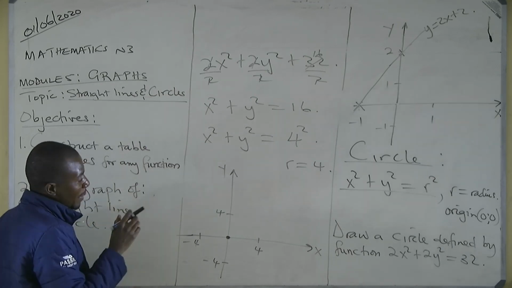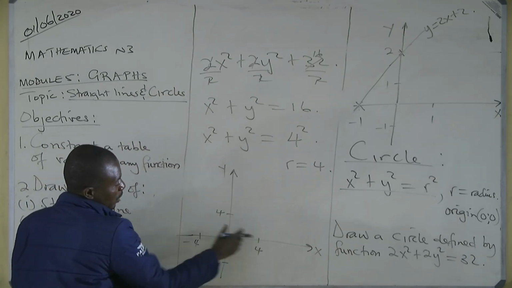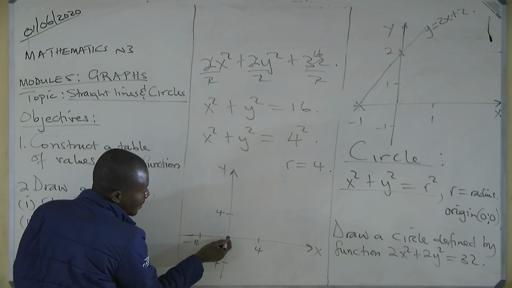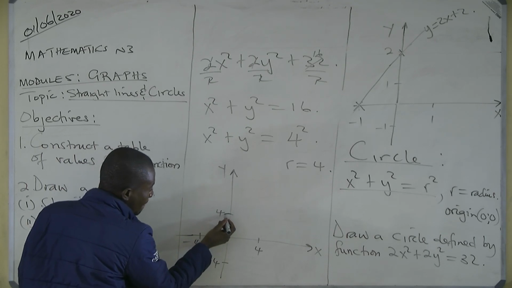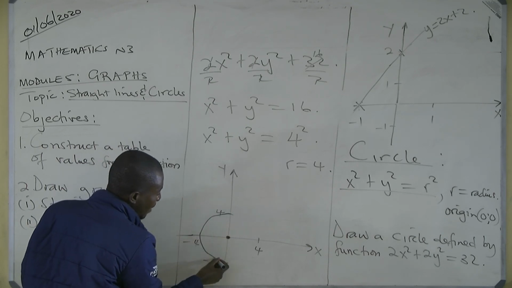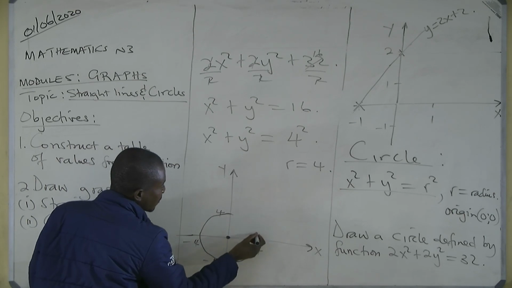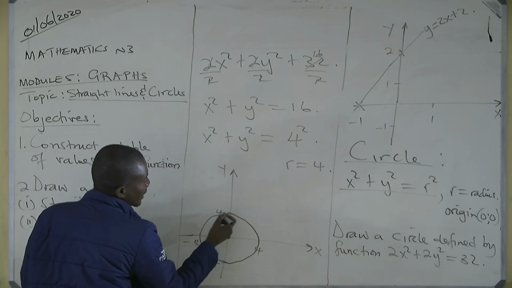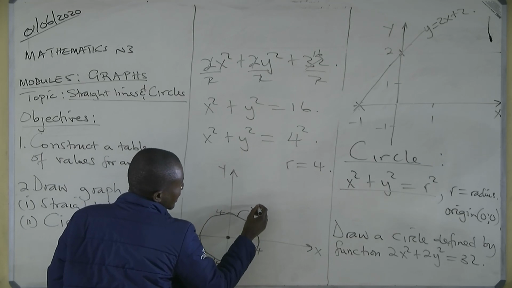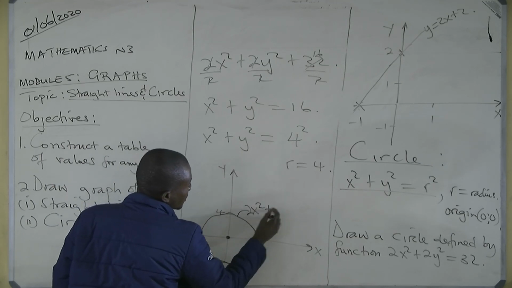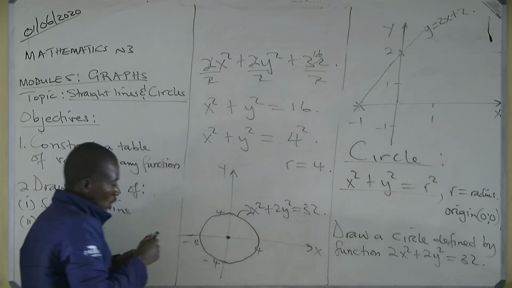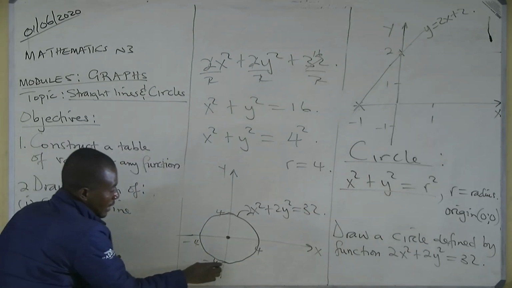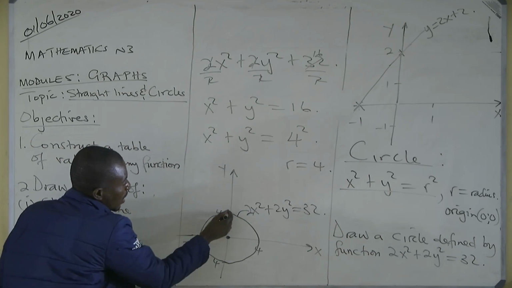I would prefer that if you've got a compass, you open it 4 centimeters on a ruler, then you put your compass tip at the center of that circle, and your pencil will touch that 4, that 4, that 4, that 4, until it comes back. That circle is your 2x squared plus 2y squared is equal to 32. So that's how we draw a circle.